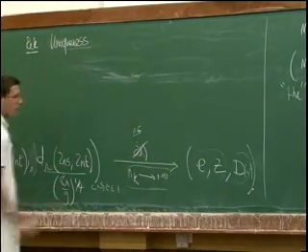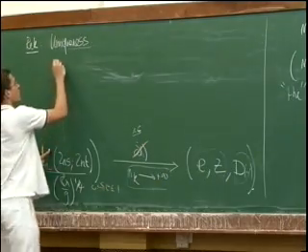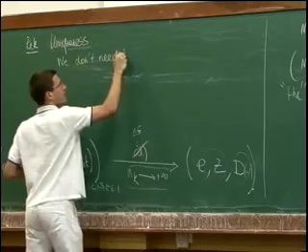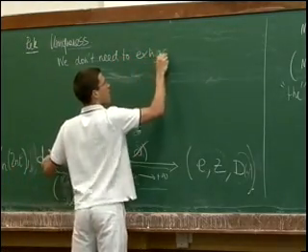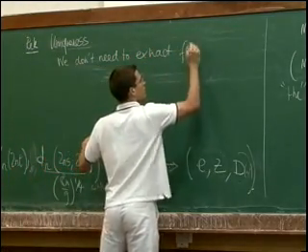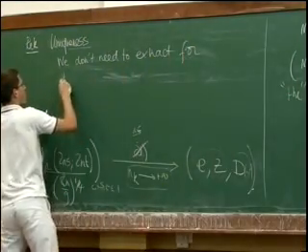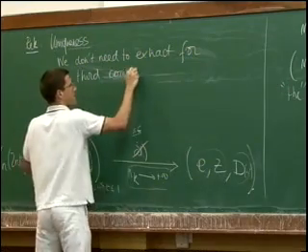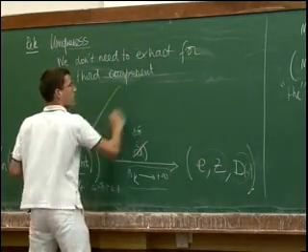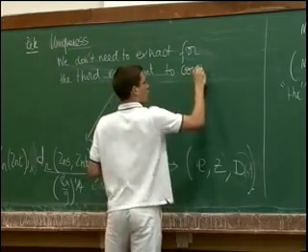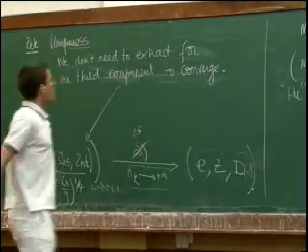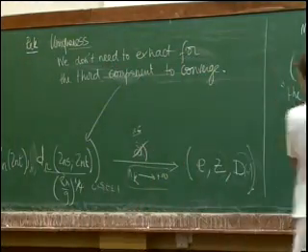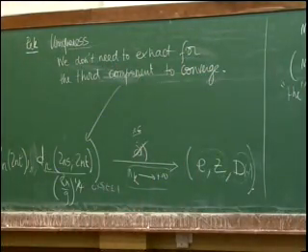It's equivalent to saying that we don't need to extract for the third component to converge. Is this clear? It's the third time you're seeing this, so it has to be clear.